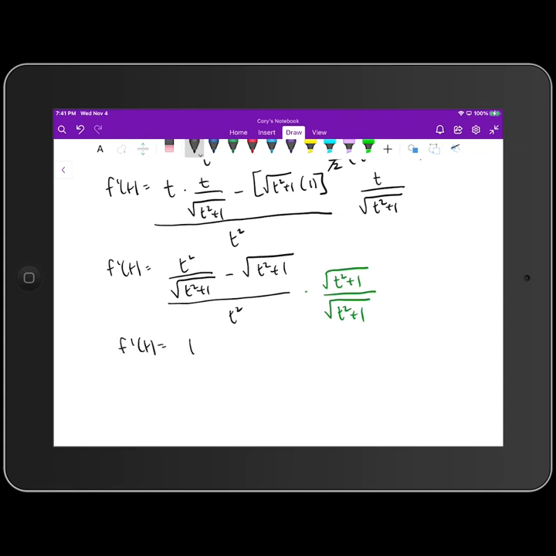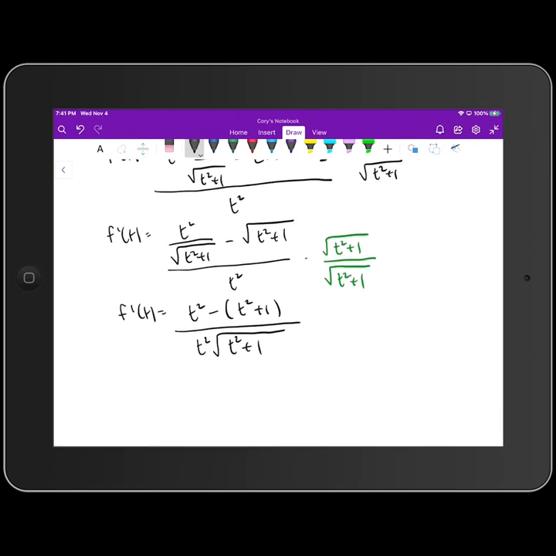So that just leaves me with t squared minus, when I multiply rad t squared plus 1 times rad t squared plus 1, that becomes t squared plus 1. Again, you have to make sure you subtract that entire quantity. And then our denominator is going to be t squared times rad t squared plus 1.